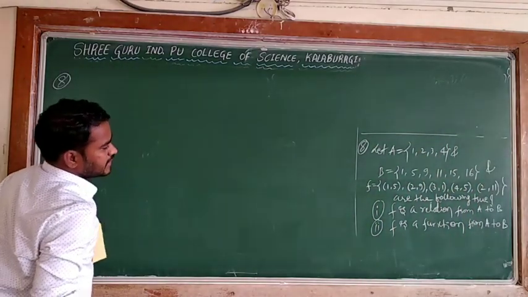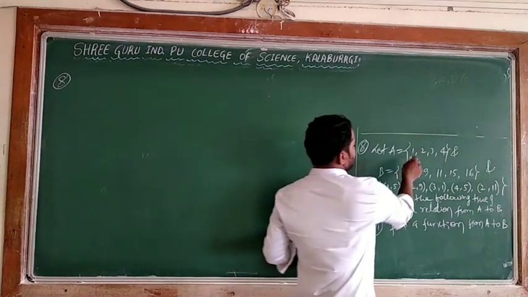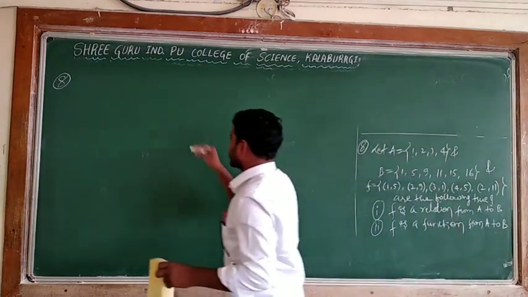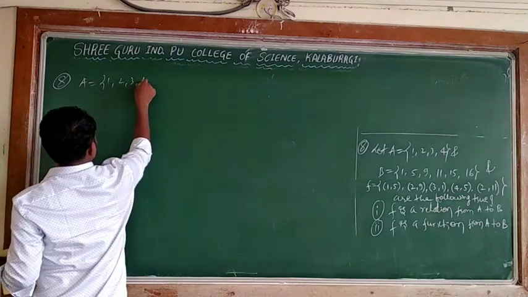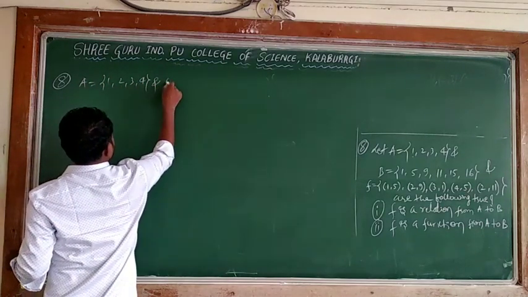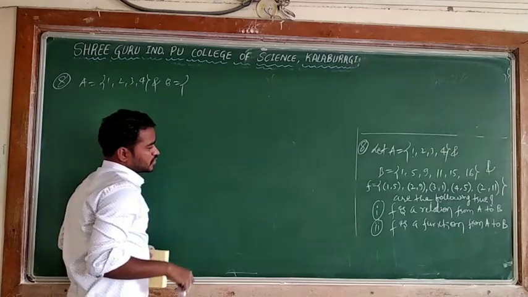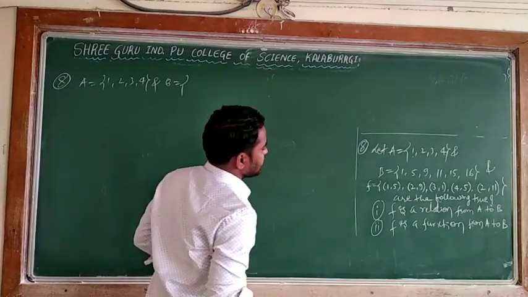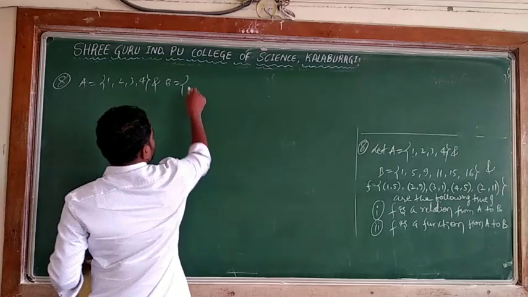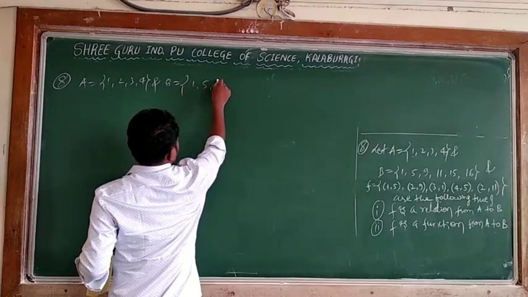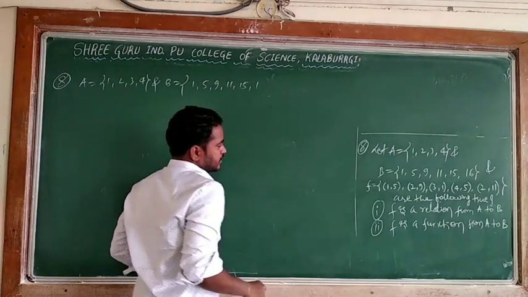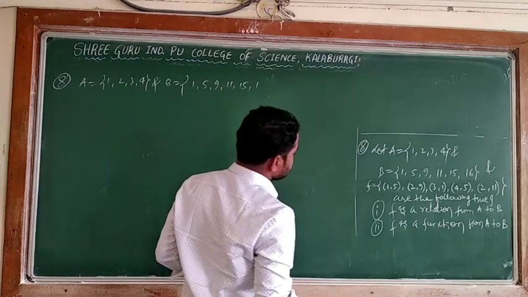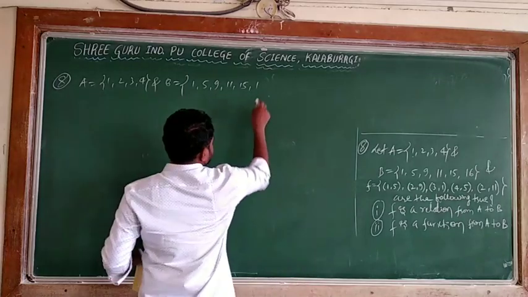8th one. Let A be equal to 1, 2, 3, 4. And B is equal to 1, 5, 9, 11, 15, 16.